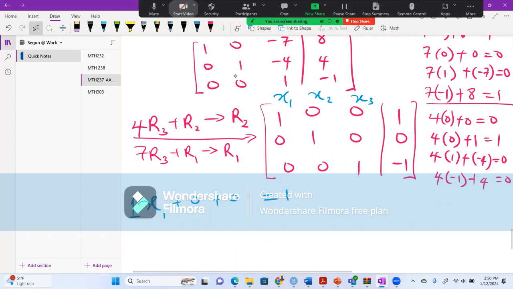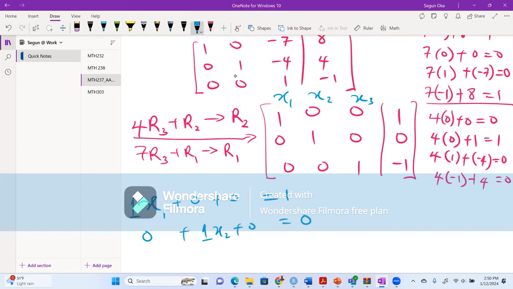The second equation will be 0 plus 1 X2 plus 0 equals 0. Then X3 will be 0 X3.